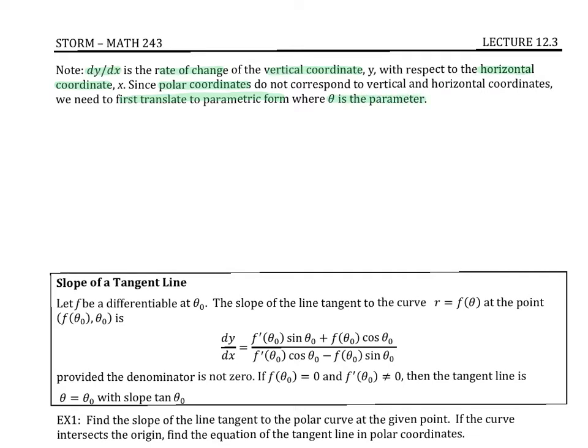So we're going to go ahead and derive the formula for the derivative of a polar equation. But first note that if we do have a polar equation, r is a function of theta. So going back to our x value, which is r cosine theta, we can now write the x value as f of theta times cosine of theta.